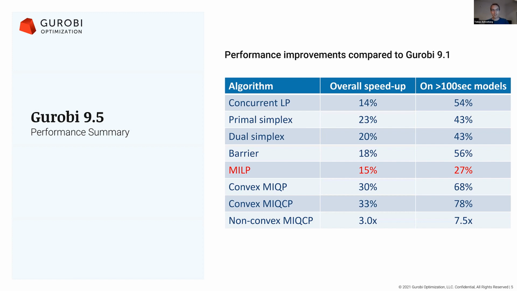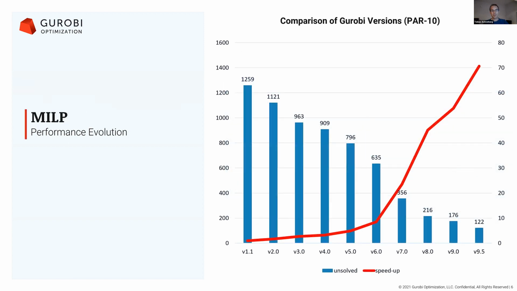Okay, but let's look first at MILP. When you look at the historic trend, starting with the first version 1.1 that was released and could solve MILP problems already, we have now achieved a more than 70x speed up compared to that very first version of Gurobi.